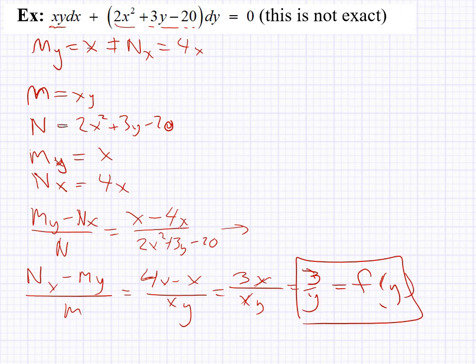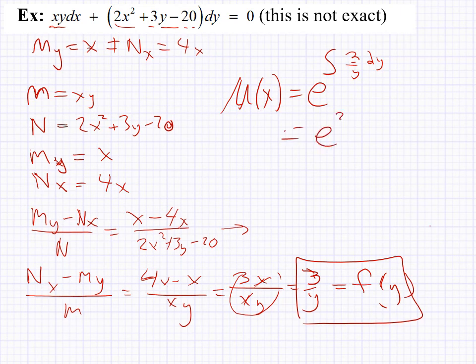And the integrating factor should be e to the integral of this, which was 3 over y, dy, and I would get e to the 3 ln of y, which would then give me, bringing the 3 in, e to the ln of y cubed, which would give me y cubed as my integrating factor.